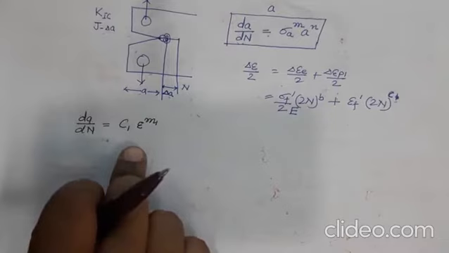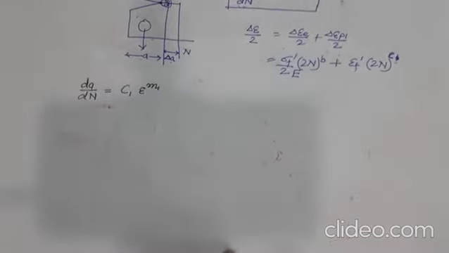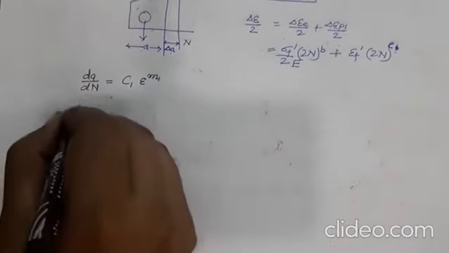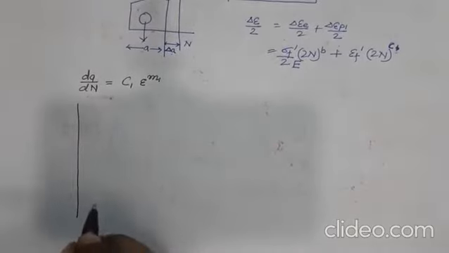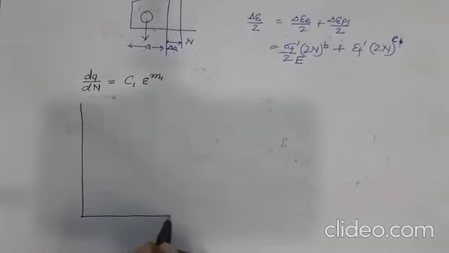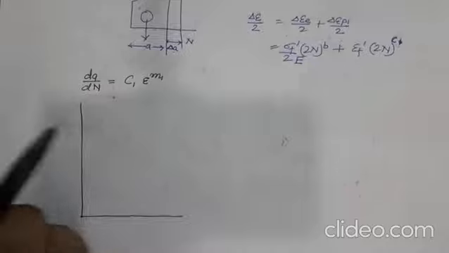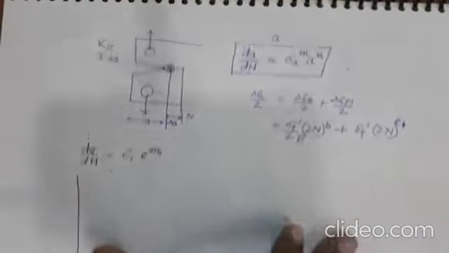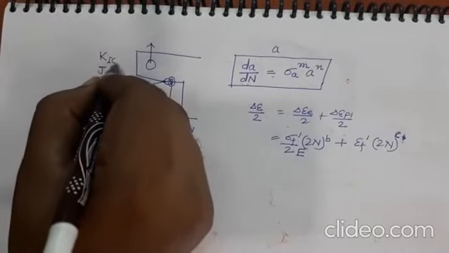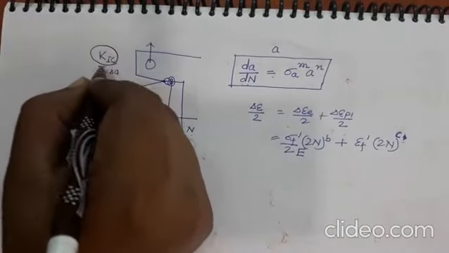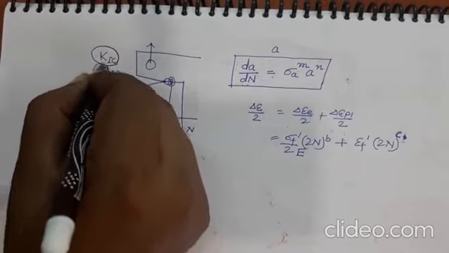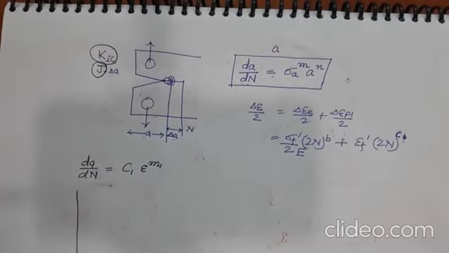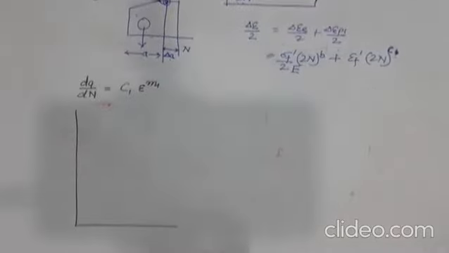To understand that, we should look at the behavior of dA by dN as the stress intensity factor changes, because once we have a crack in the system, the better parameter to describe the crack behavior is the stress intensity parameter or J integral. That information we have from our concept of fracture toughness.